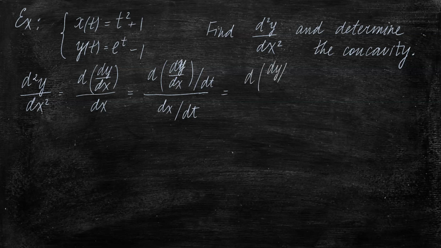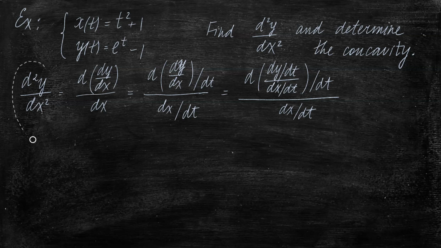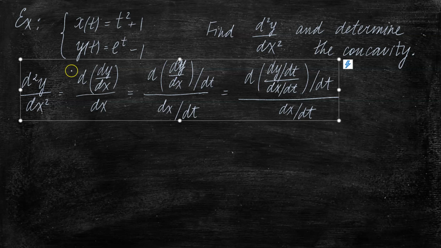So this is going to be dy dt over dx dt, all of this over dt, and all of that over dx over dt. And now we just have to carefully assemble everything using the given information.